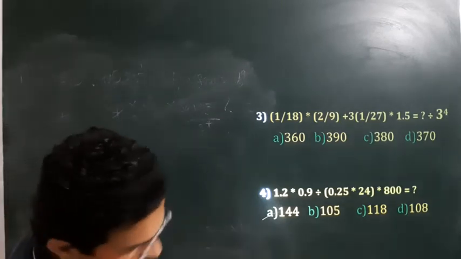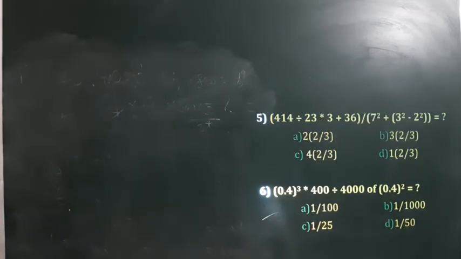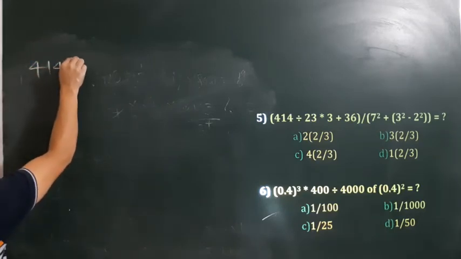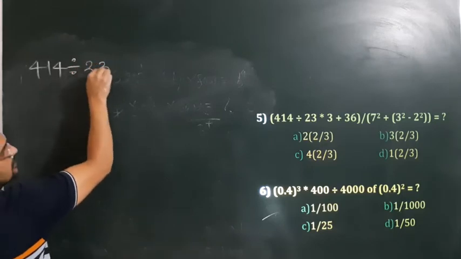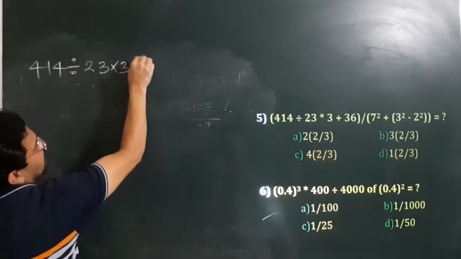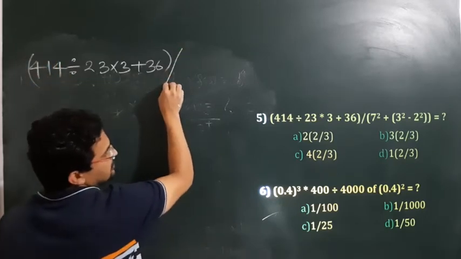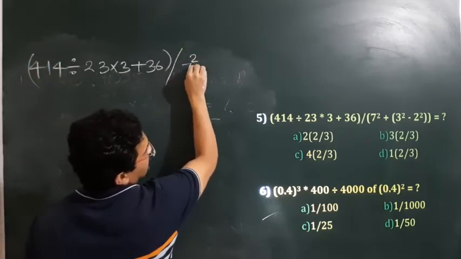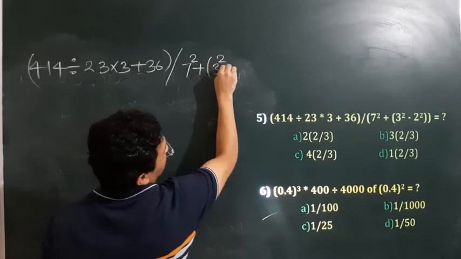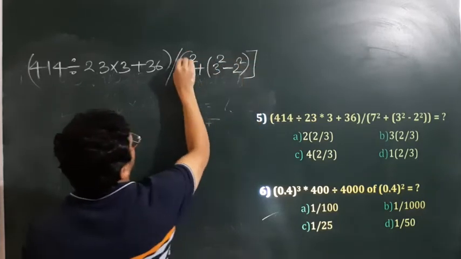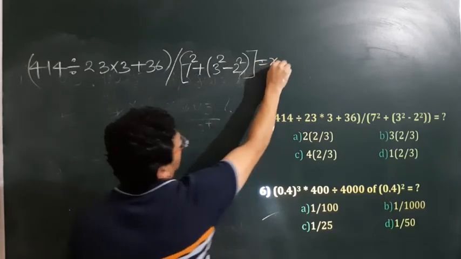Once you are perfect in aptitude, you can solve any number. So next one: 414 whole divided by 23 multiplied by 3 plus 36, and this whole bracket is divided by 7 square plus 3 square minus 2 square, and this is also another bracket, is equal to what?